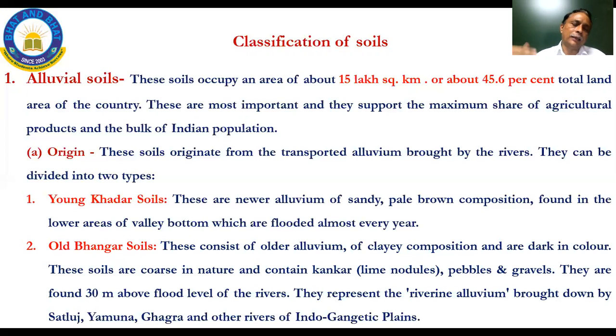So as years pass by, new silt keeps coming in the bottom of the valley, whereas in the upper areas of the valley, the flood level is the maximum height at which the river reaches. So it is above that these old soils are found. They represent the riverine alluvium brought down by the Satluj, Yamuna, Gagra and other rivers of the Indo-Gangetic plains.